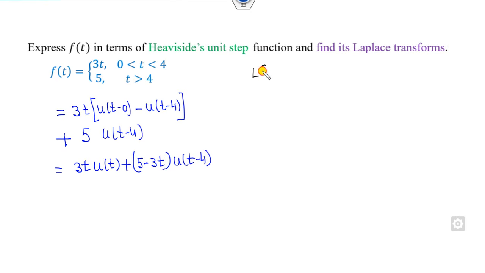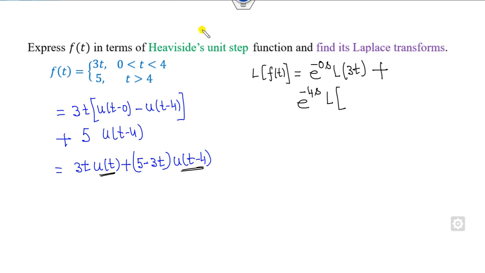Now find the Laplace of this function. So a is 0, e raised to power 0 into s, Laplace of 3t, plus a is 4, e raised to power minus 4s, Laplace of, I can replace small t with t plus a. So that's 5 minus 3 times (t plus 4).